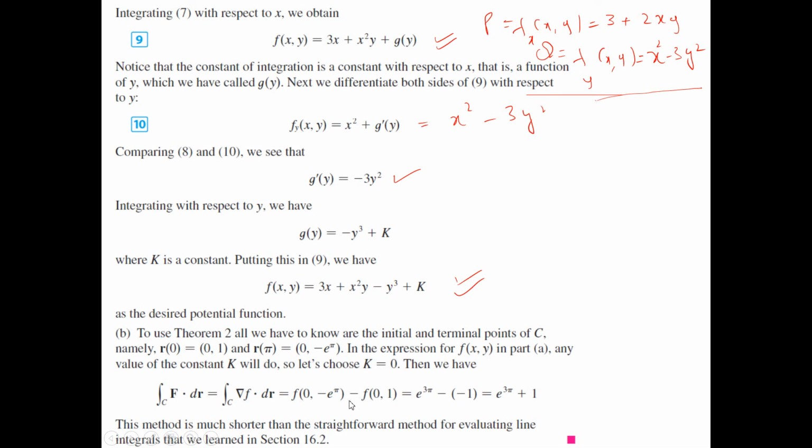The value of this line integral is equal to the value of f at the terminal end minus the value of f at the initial end. After some simplification and manipulations, we have e to the power 3 pi plus 1.